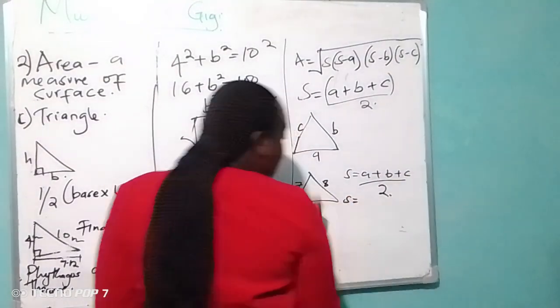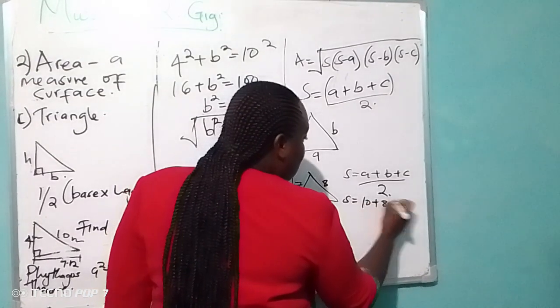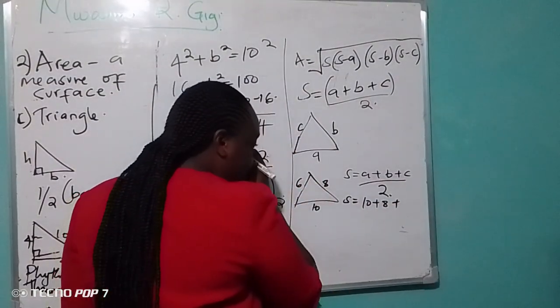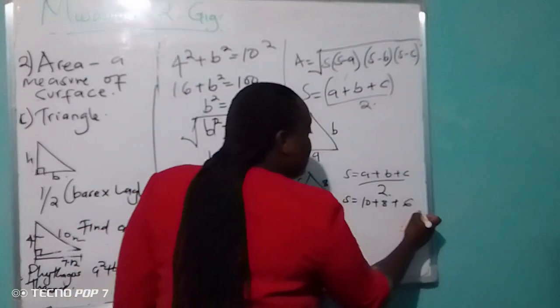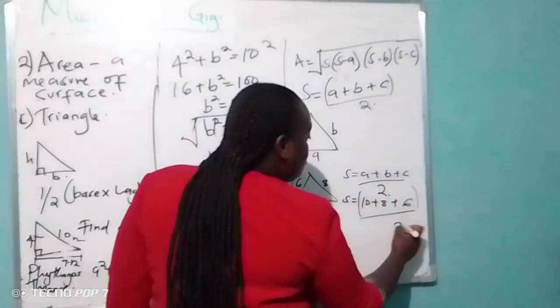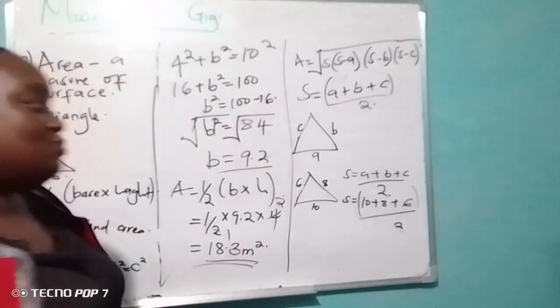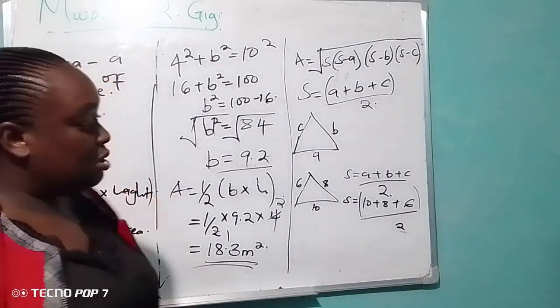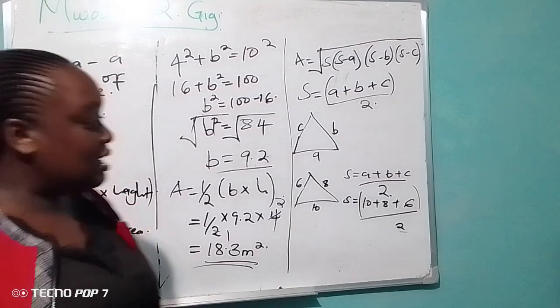So S is equal to 10 plus 8 plus 6, let's take whole numbers. Divide by 2. If you do 10 plus 8 plus 6, how much is it? 24.